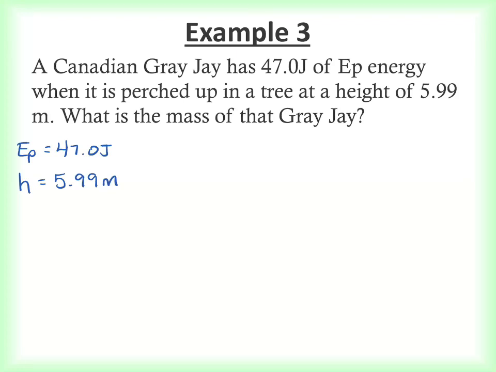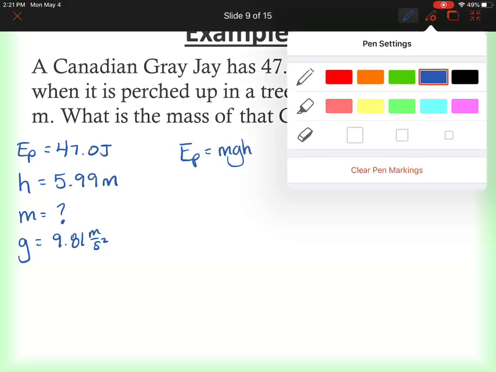So I'm guessing our answer is going to have to also be 3 significant digits. We are looking for the mass of the Grey Jay. Don't forget, we always also have gravitational acceleration, which is 9.81 meters per second squared. Again, we have this Ep equals mgh.